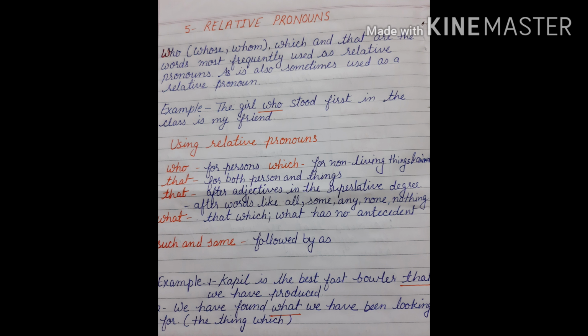What is used when it has no antecedent. Such and same are followed by as. If we are using such or same in the sentence, they are always followed by as.